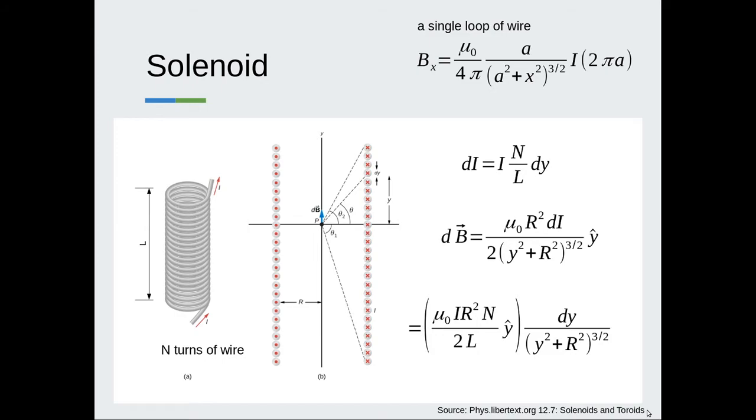I copied it from an open textbook, so you can get on the internet, download it and read it. It's totally free. This is called physics.libretexts.org. And here's the chapter number, so you can check the detailed explanations and the detailed derivations on that kind of web page. And I really recommend you use this one as your second textbook. I think this is really good because people just contribute knowledge for free and collect it into a textbook, so you don't need to pay anything, but you can get all the information here.